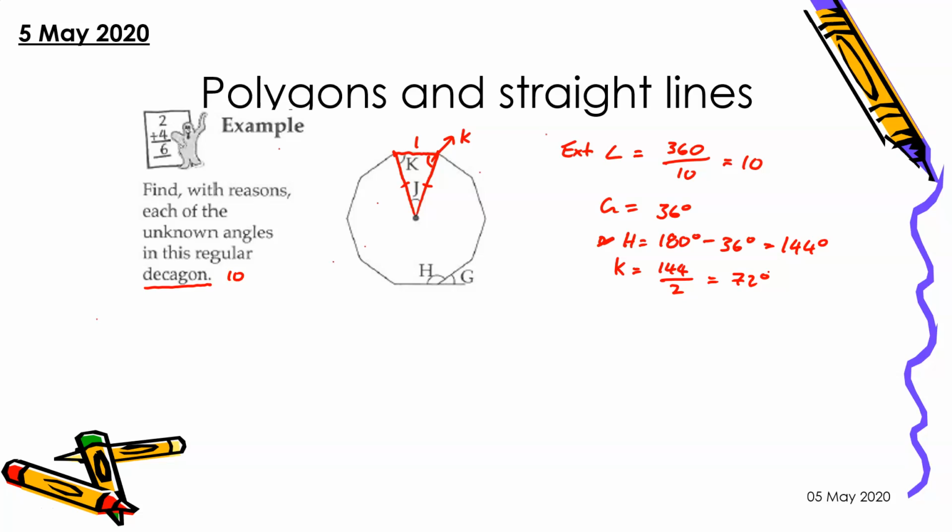So it means K is equal to 72 degrees, and then we can use that to work out J. Another way that we could work out J is that if I continued this on, all of those angles would be J. How many of those are there? There's 10. So J is equal to 360 divided by 10, which is 36.